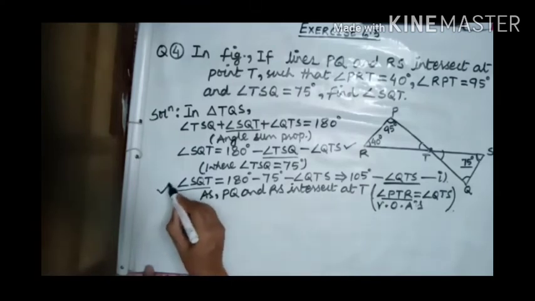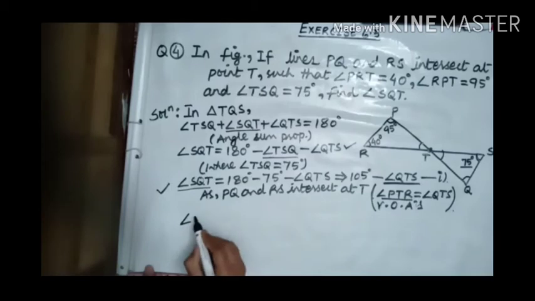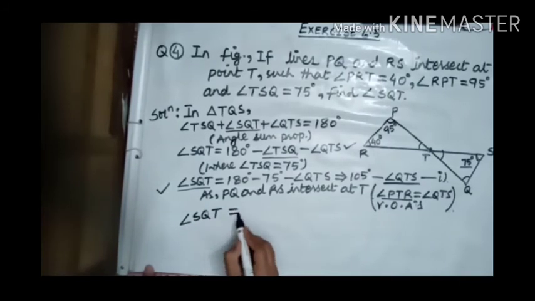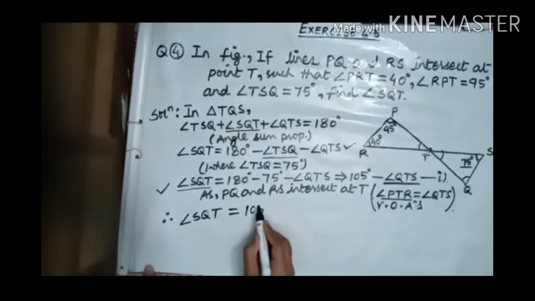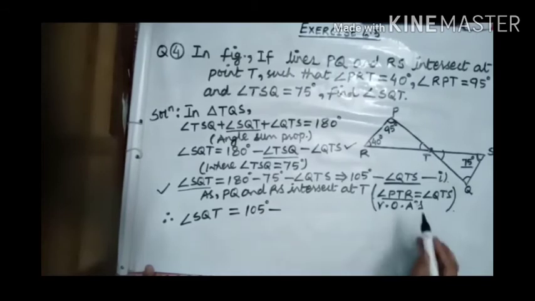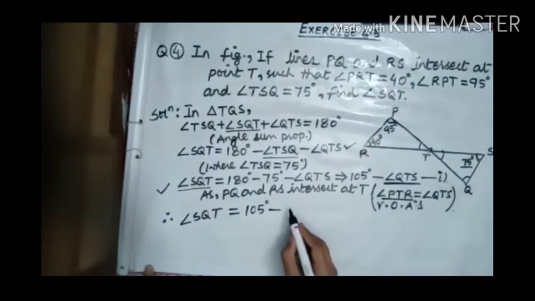Therefore, equation first becomes angle SQT equals 105 minus, in place of QTS, we use angle PTR.